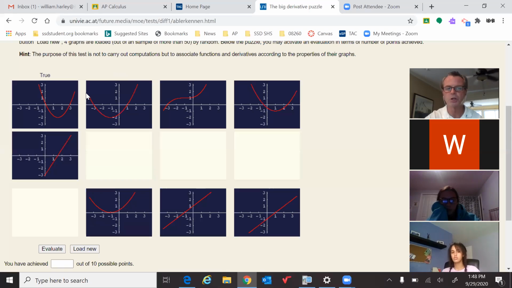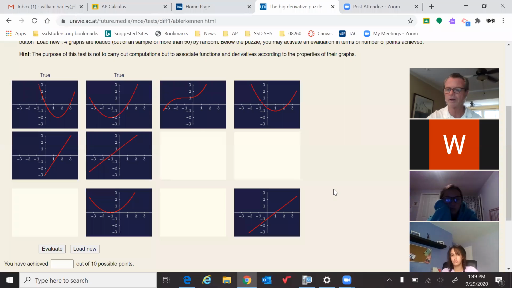So let's give some thought to this, okay? This graph here is doing what? It's a parent graph. It's falling to get to -1, and then it's rising. So its derivative would have to be negative before you got to -1 and positive after that, which is this graph.